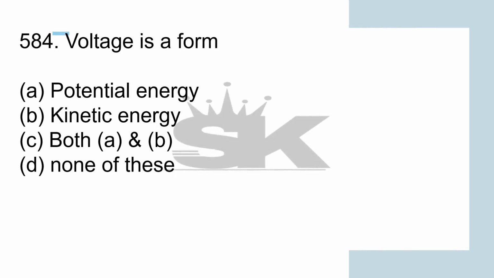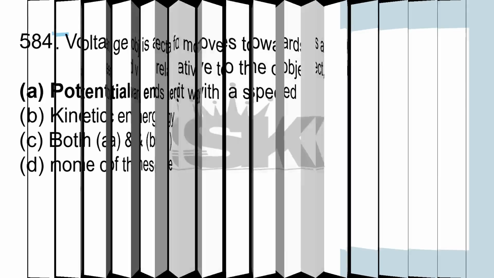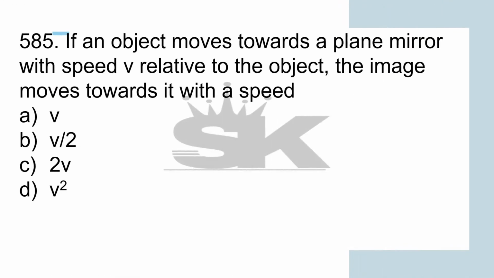Voltage is a form of potential energy. If an object moves towards a plane mirror with a speed of v, the image moves towards it with a speed of, that is 2v. Okay.